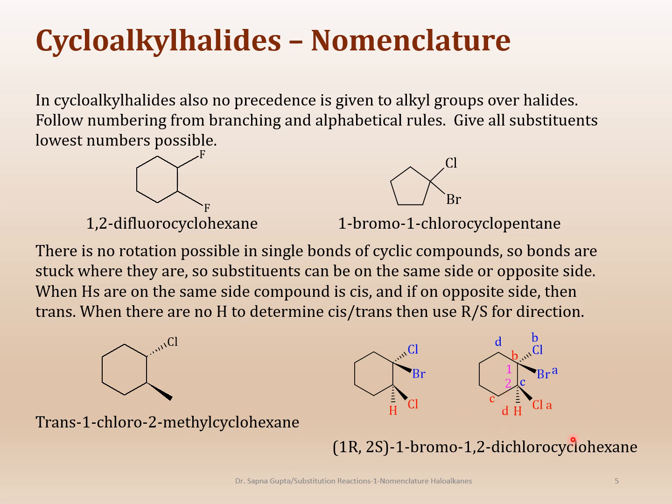The R and S system follows the same rules that we have: assign priority according to atomic number, keep the lowest group at the back, and then see if you go clockwise or anti-clockwise, or change your view. Like here in carbon number 1, D is the lowest priority, so keep that at the back.